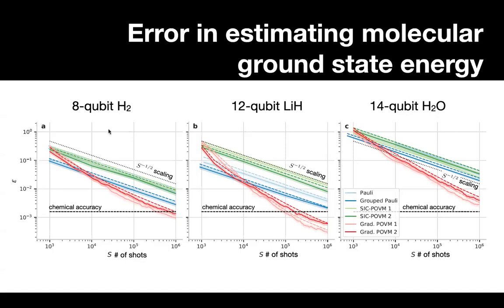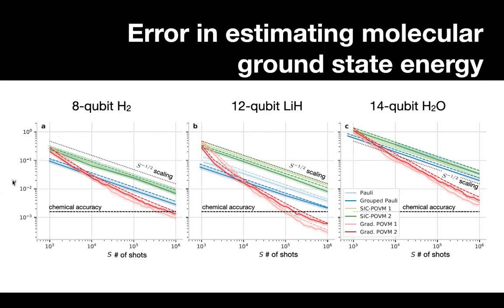And if you look at, for example, the first of these plots, you see that obviously the non-adaptive methods, so in green the symmetric informationally complete and in blue the Pauli, have the expected scaling that is 1 over square root of S, while you notice that the adaptive strategy does not have this scaling, and in fact it improves in terms of error.